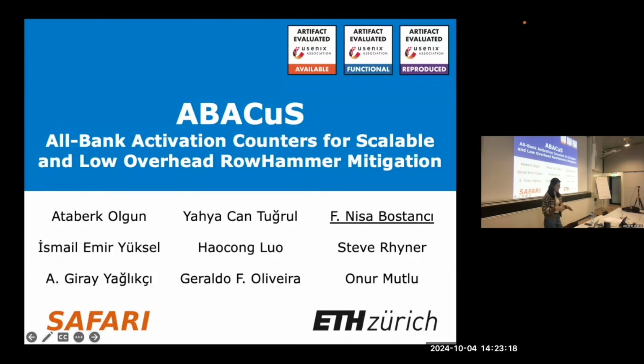Let's say that we have one row in one bank that is activated many times. Abacus will still refresh all victims of all its sibling rows. And the key idea of bank level interleaving is... I guess I lost you at that point. Because when you access, let's say, row 1 in bank 1, you would immediately after that access row 1 in bank 2. But during that time, you're doing refreshing.